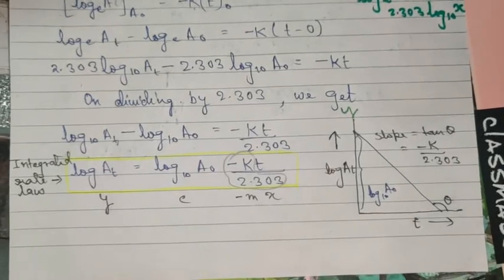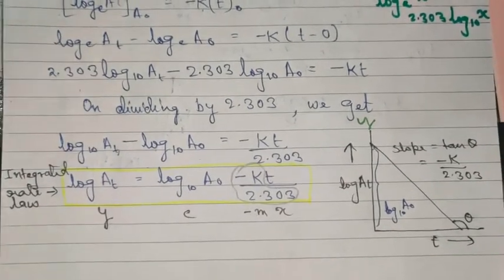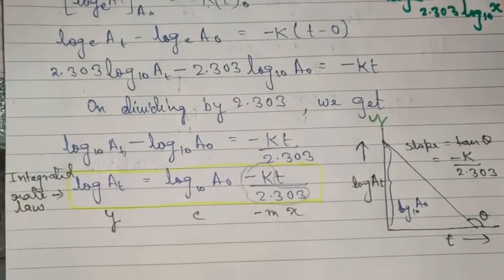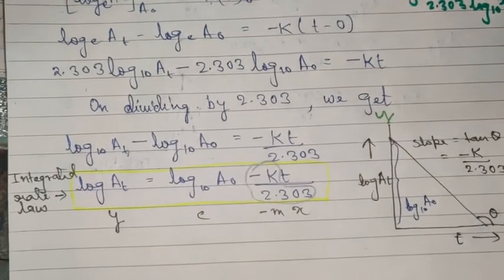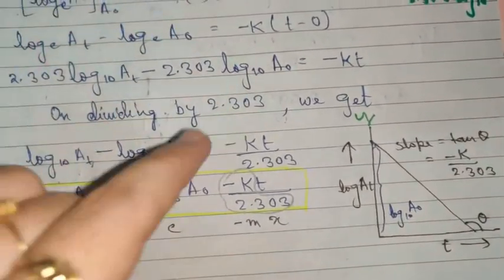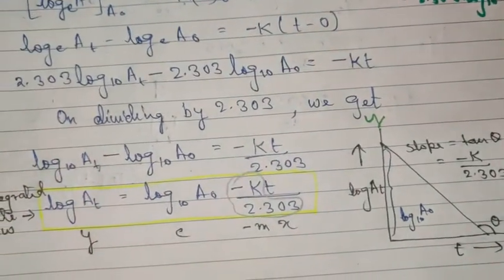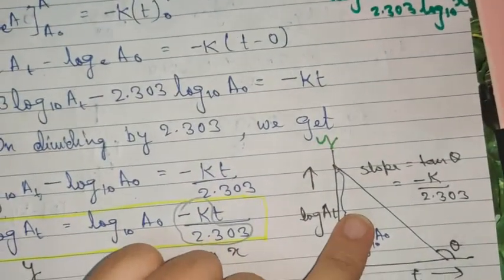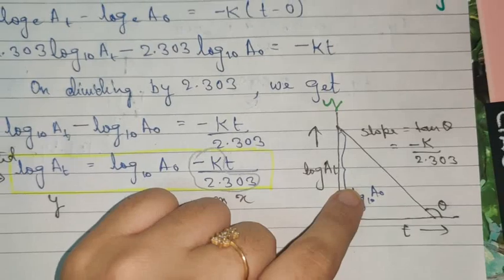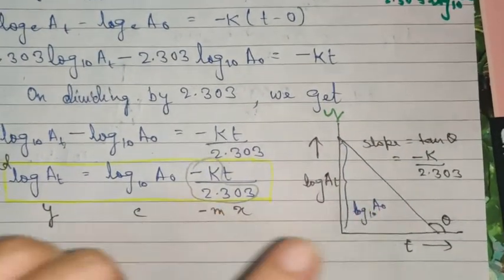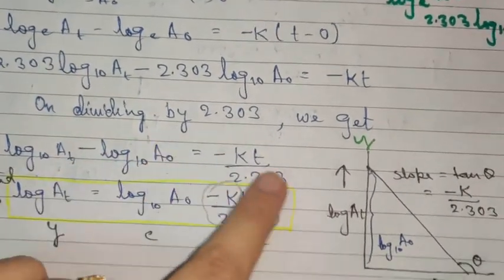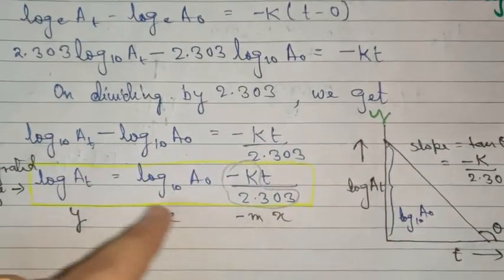And children, in the board examination, a question was asked to find the slope from the given expression, or the graph can be given to you and you can be asked to write down the value of the slope. So you need to remember this expression. You can see here I have mentioned it in a box.